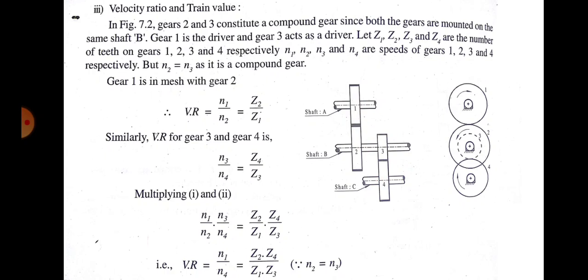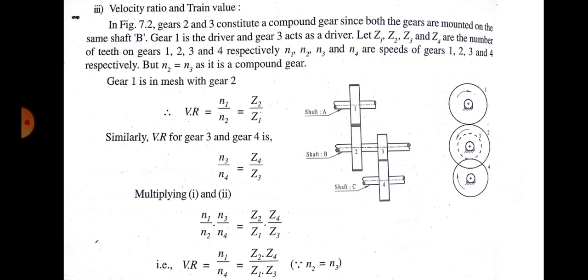So we will take the same example only. So in the figure you have gear 2 and 3 constituting a compound gear, since both the gears are mounted on the same shaft. Gear 1 becomes the driver and gear 3 will act as driver in this case, because gear 1 is driving gear 2, gear 3 is driving gear 4.